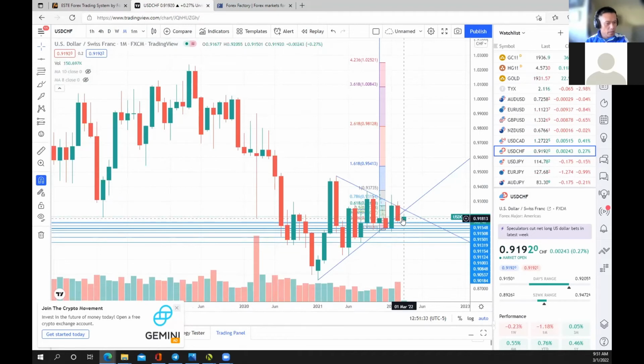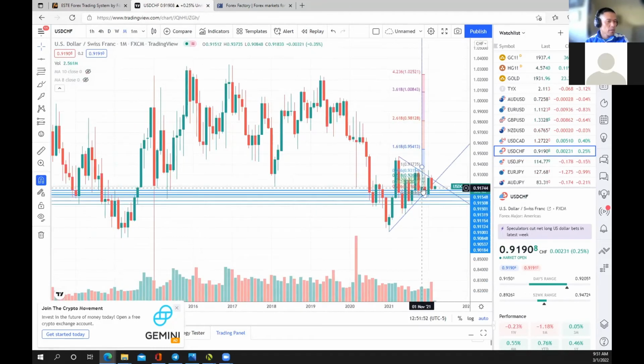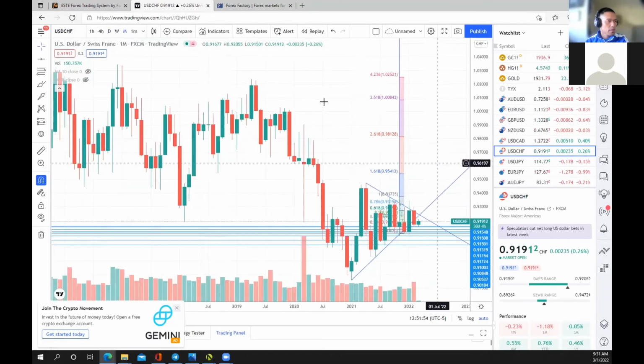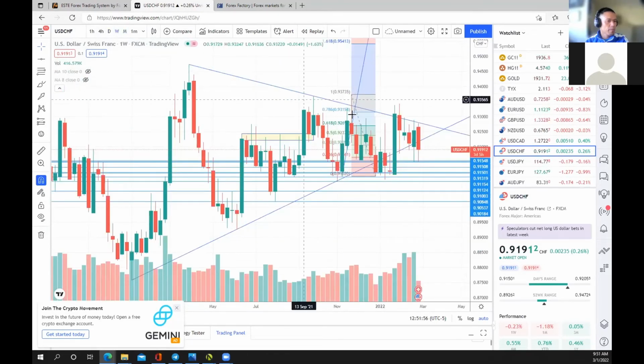So potentially, if that's what's happening, it could come back down to 91, depending on what we'll do. But if not, from what we can see through there from this motion, if it breaks out and continues, 97, around that area. All right, so that is the dollar against the Swiss franc on the monthly time frame.